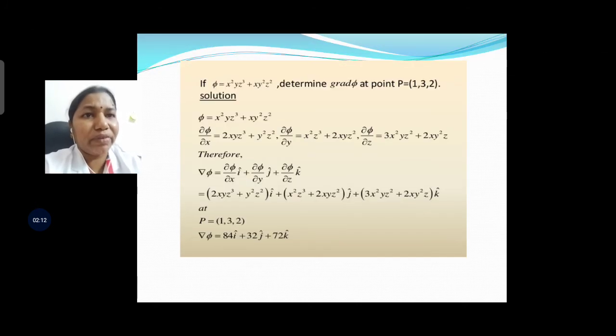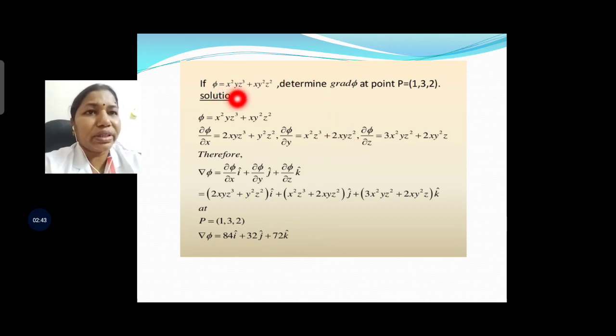Phi is given, so you have to calculate dou phi by dou x, which is equal to 2xyz cube plus y square z square. You differentiate once with respect to x, you will get 2xyz cube, here y square and z square. Then dou phi by dou y is x square z cube plus x z square into 2y, that is 2xyz square.